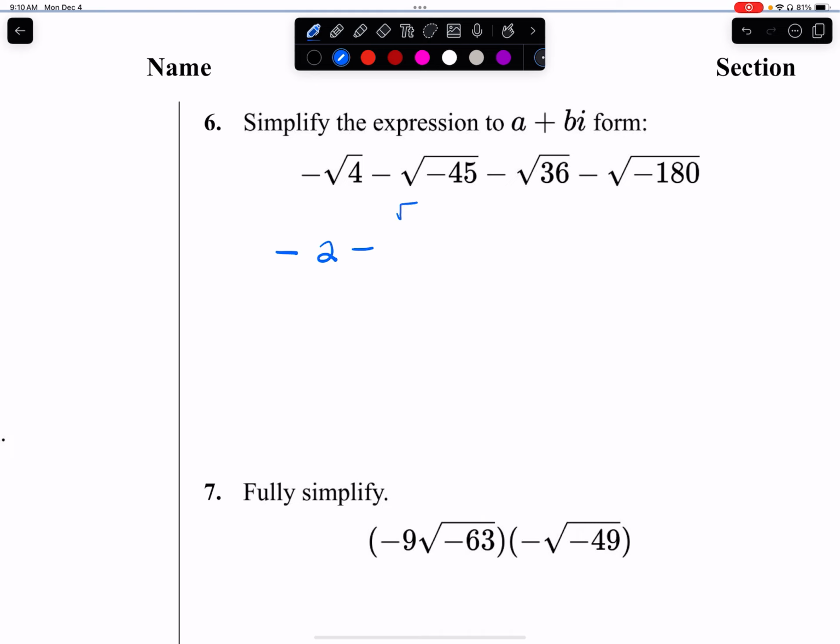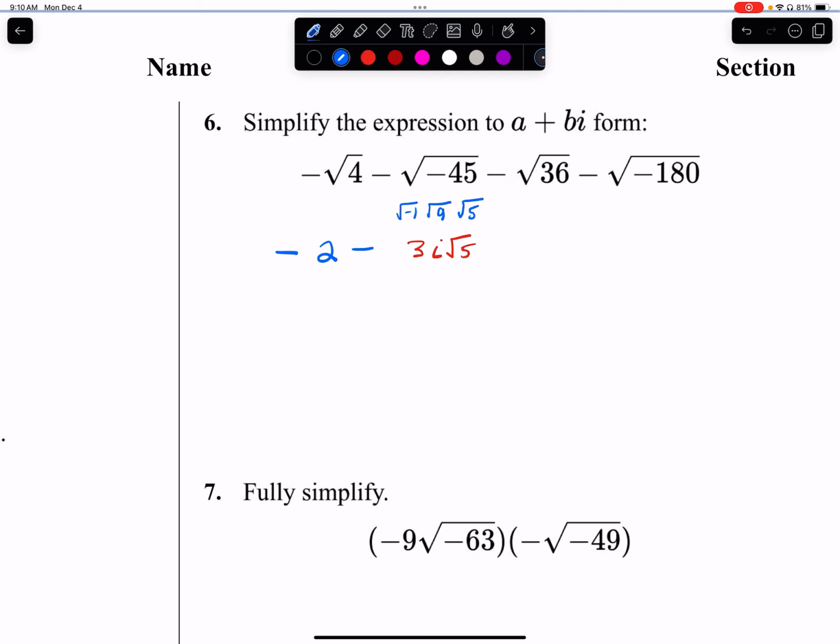I've got the square root of -1 times 2 values that go into 45. Now, if you're not sure, again, look at your list, use your calculator, but 9 times 5 is 45. So you're going to see here that the square root of -1 is i, the square root of 9 is 3, and then we've got radical 5.